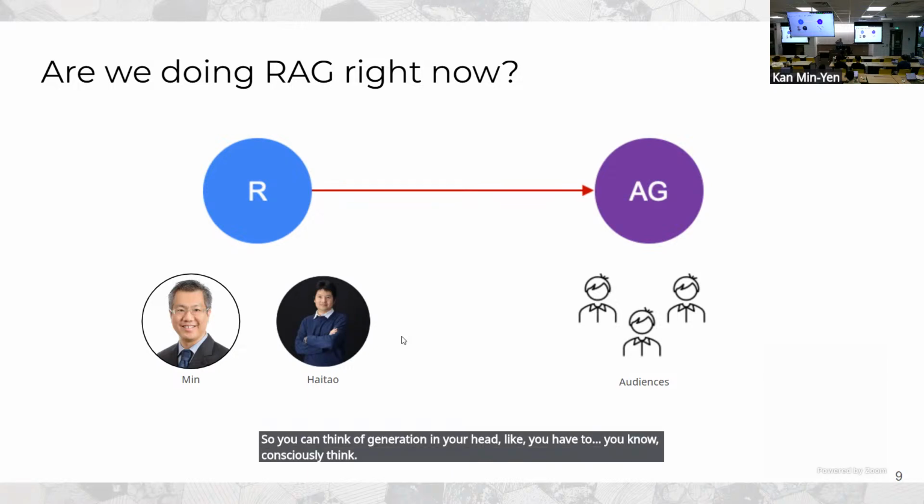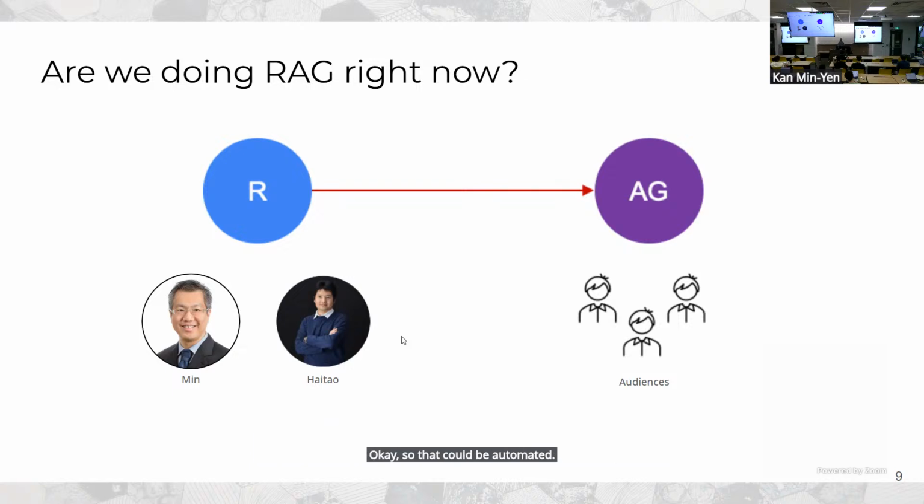So you're producing tokens in your head right now when you're thinking. So that could be augmented. So you can think right now, even the business of education, you can cast into the framework of RAG if you want to. So there are a lot of caveats that Angmei pointed out, but others that we may also.